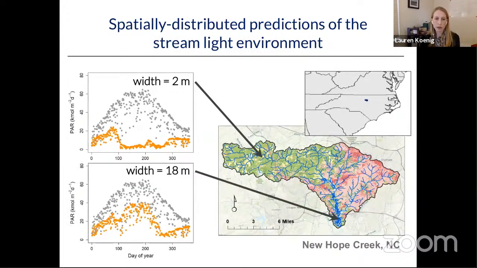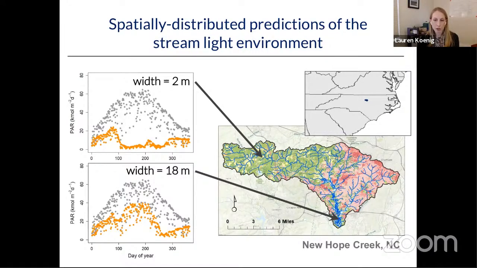As we move to a larger river reach within this same network, we see differences in the modeled stream light environment in orange.